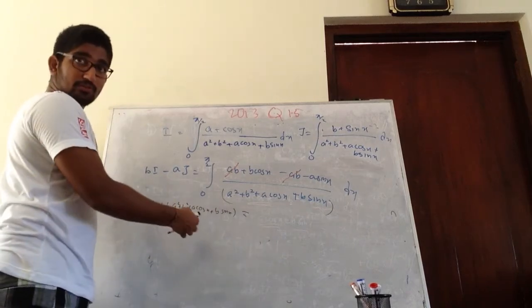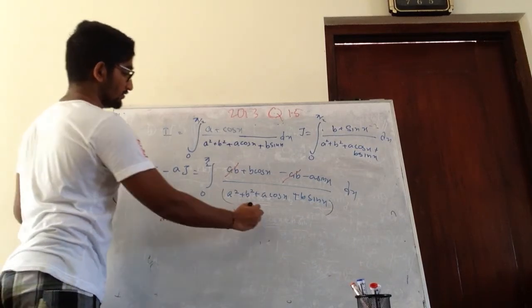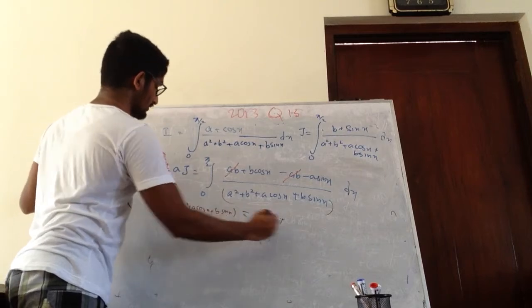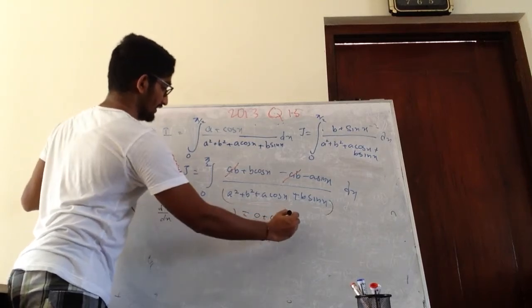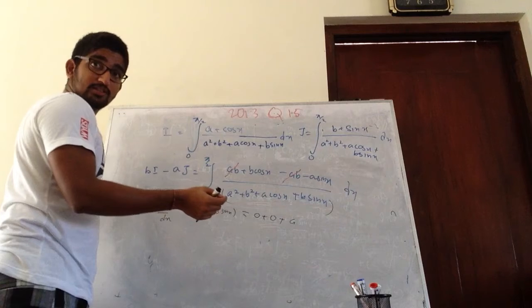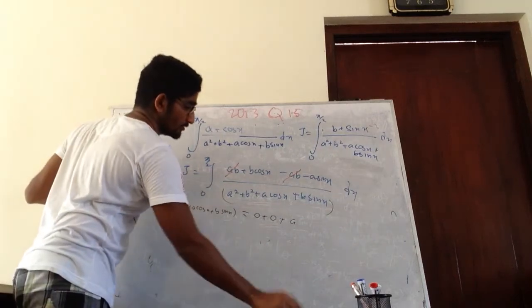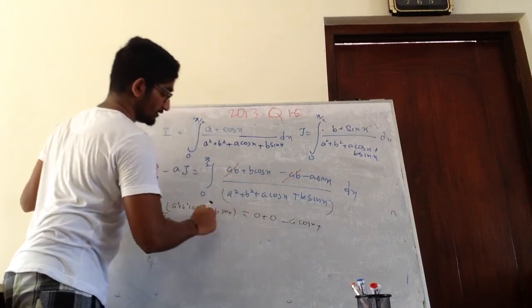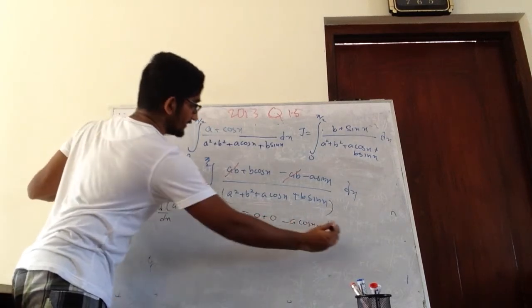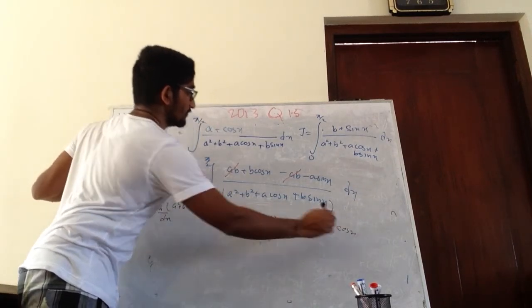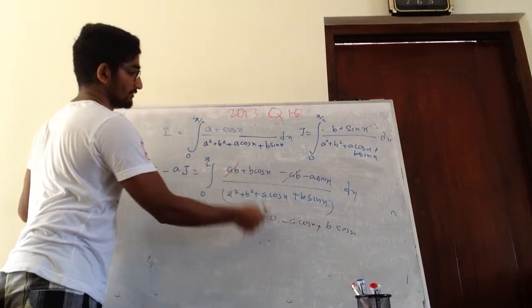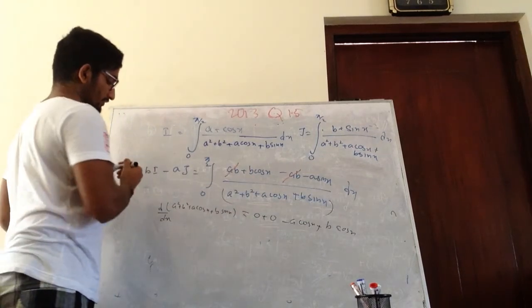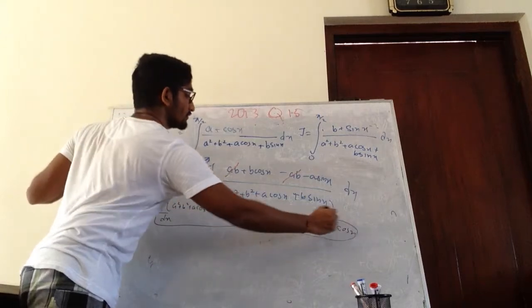Basically if you differentiate this, these two are constants, you will get 0 plus 0 plus a, and when you differentiate cos x it is going to be minus sin x, so I'm going to put minus here, plus b, and if you differentiate sin x it is going to be cos x. So it is just a side note.